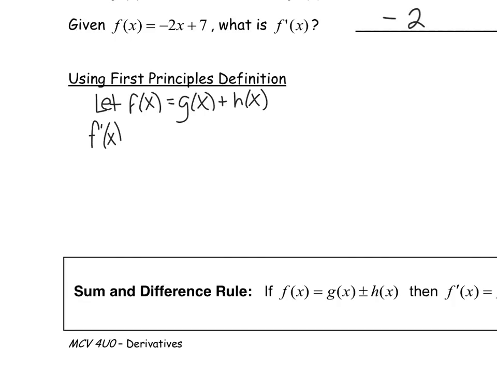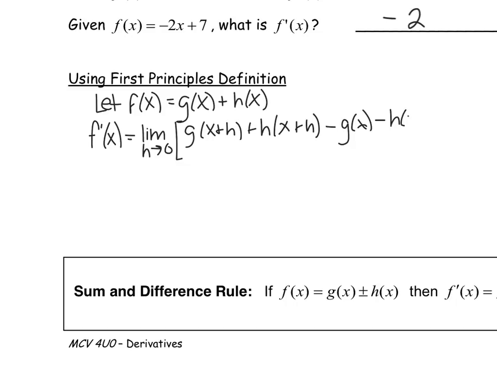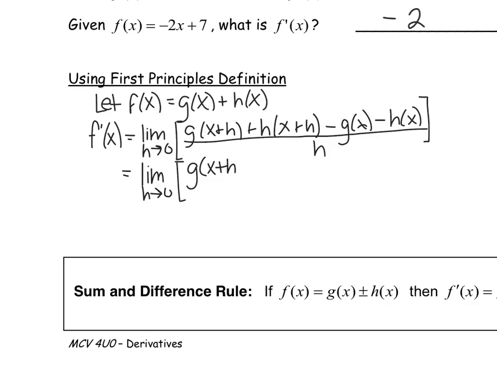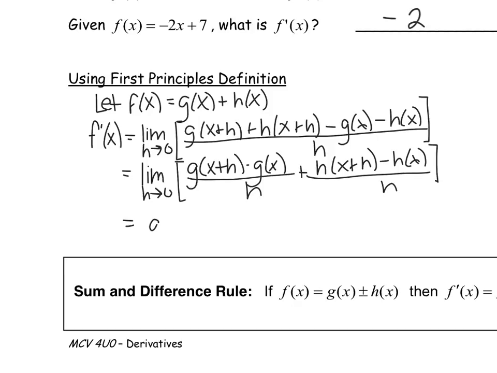And so f prime of x is equal to the limit as h approaches 0 of g of x plus h, so it's a different h, x plus h, minus g of x, minus h of x, all over h, which gives me the limit as h approaches 0 of, we're just going to rearrange what's in the bracket here, g of x plus h minus g of x, all over h, plus h of x plus h minus h of x, all over h, which gives me the derivative of g of x plus the derivative of h of x.